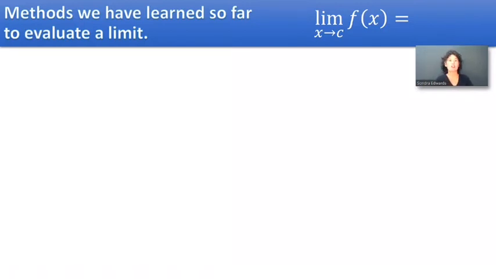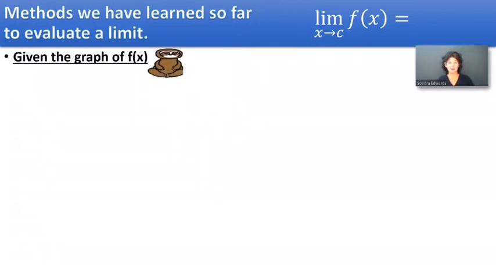But before we get to the new method, I want to just quickly go over the methods that we've covered so far. We want to find the limit as x approaches c of some function, and if we were given a graph of that function, we learned a kind of lazy way to determine the limit.